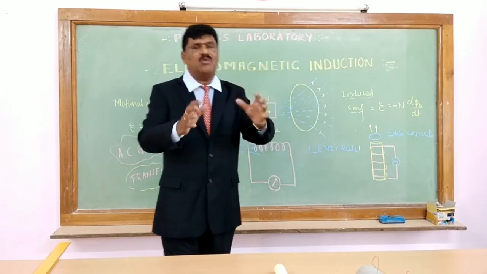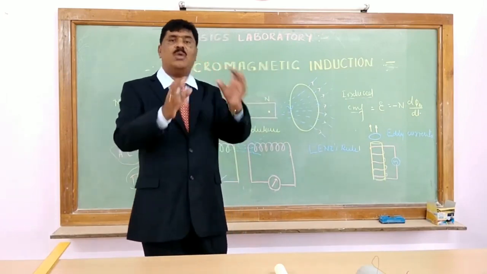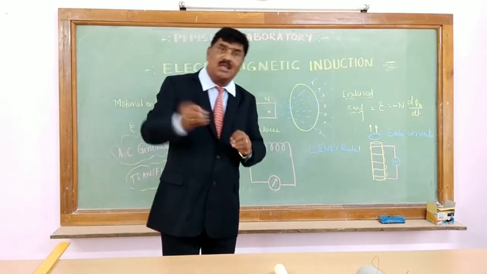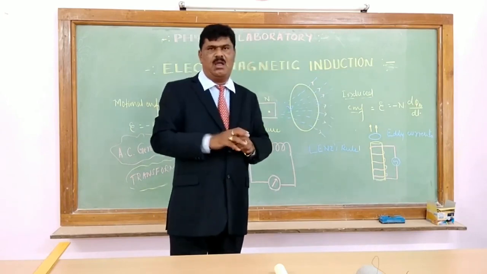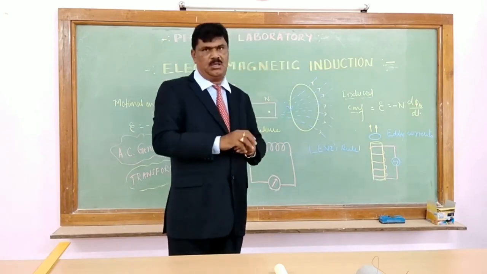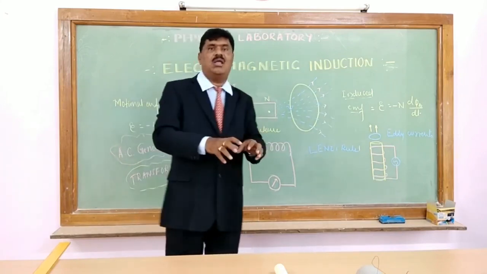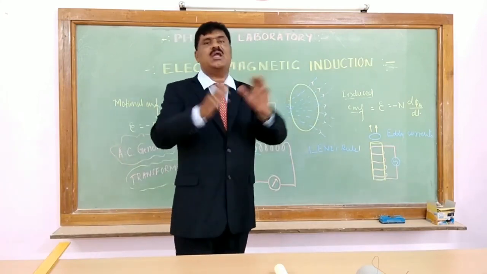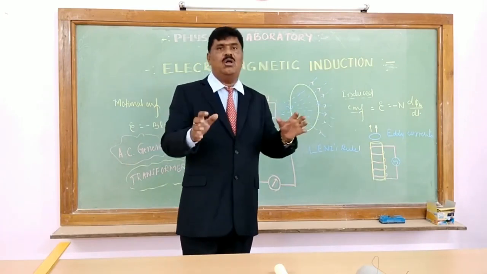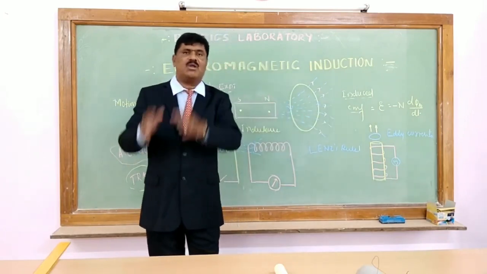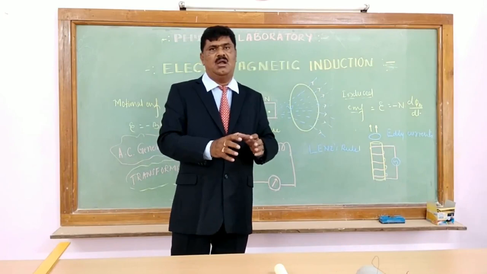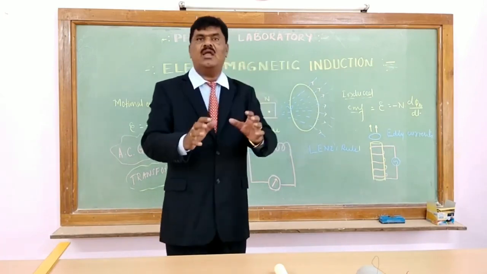This law always gives the magnitude of the induced EMF, the magnitude of the induced voltage. If you know the resistance of a coil, then you can easily calculate the magnitude of an induced current.